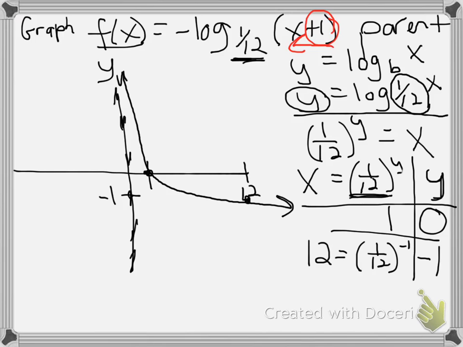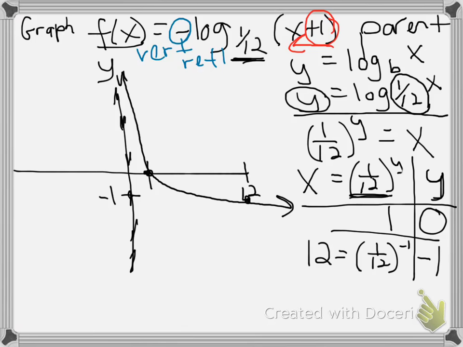And then the next one I'm going to make blue, and that's right here. This negative is going to tell us to do a vertical reflection.